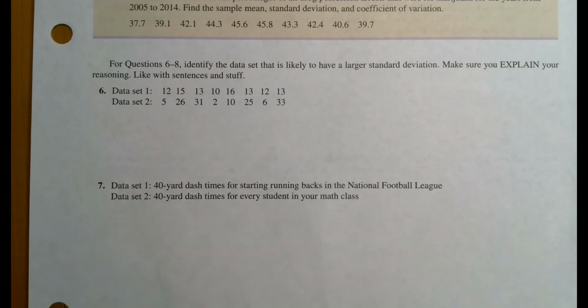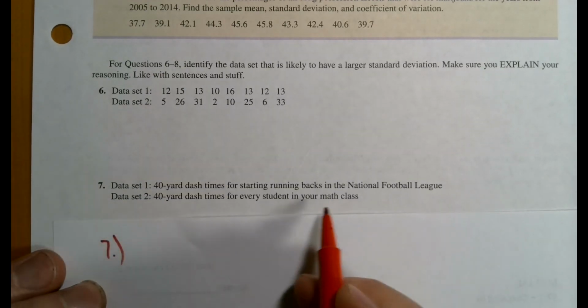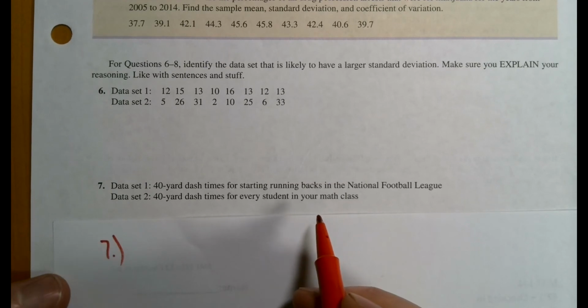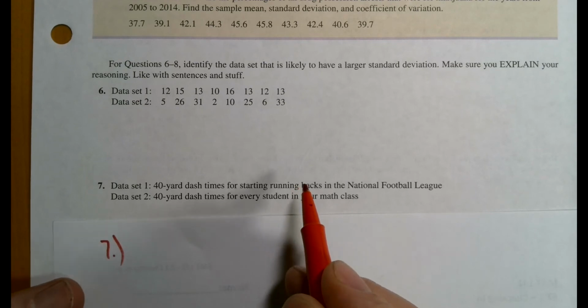Remember, standard deviation is the measurement of spread. So data set 2 will be more spread out because there are different amounts of times, fast and slow, based on what we might know about the students in our class. Now, if all of the students in the class were really slow, then they might have equal standard deviations.